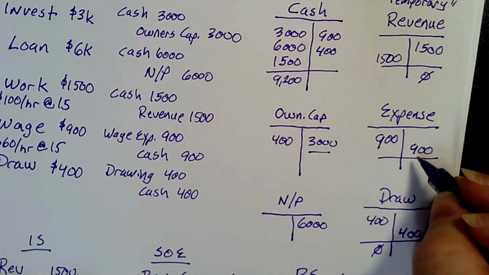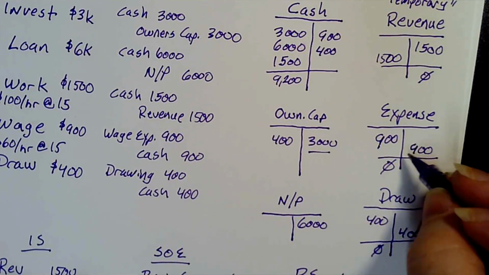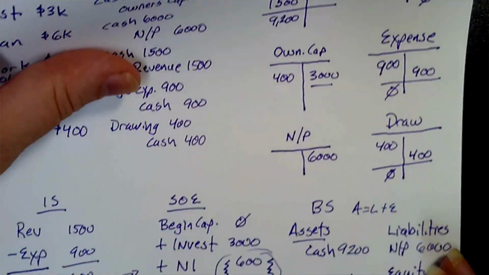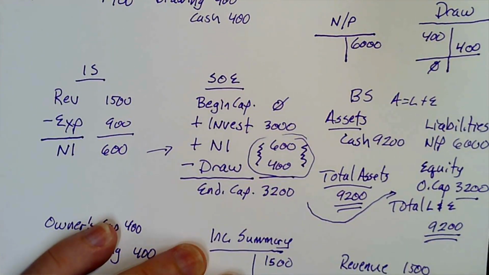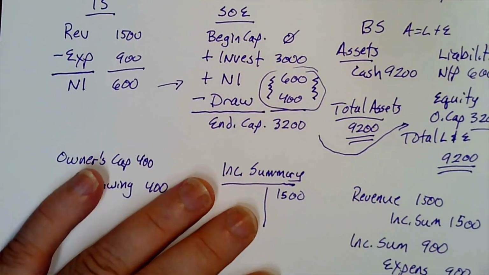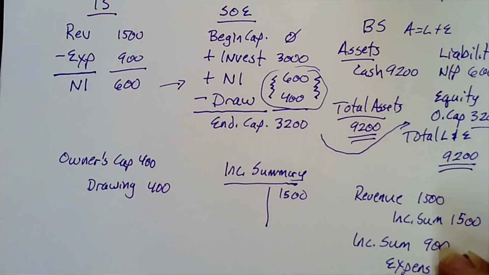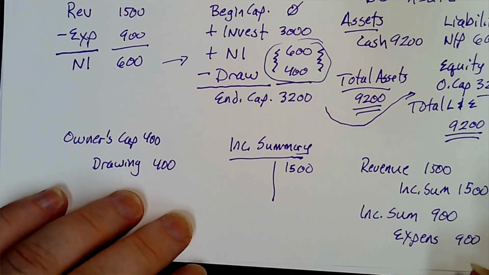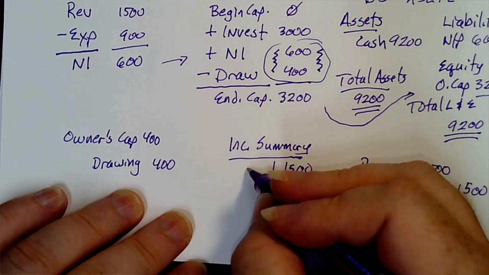We're going to credit the expense. That makes it zero. So we're going to have a credit to expense of 900. And again, we're going to put it in income summary. It's just going to be on the other side. So here, 900.